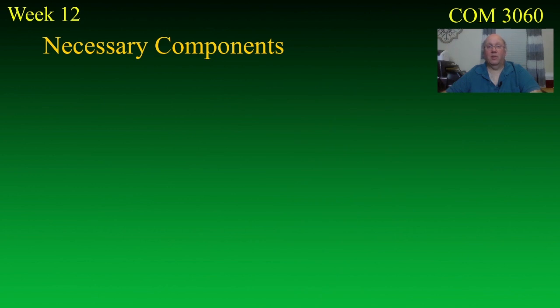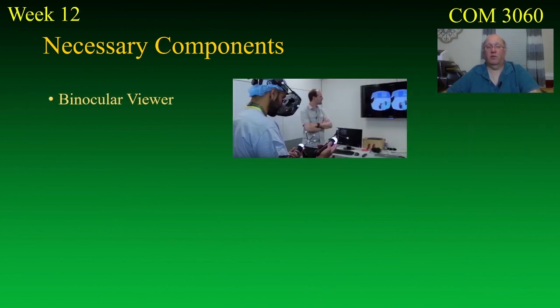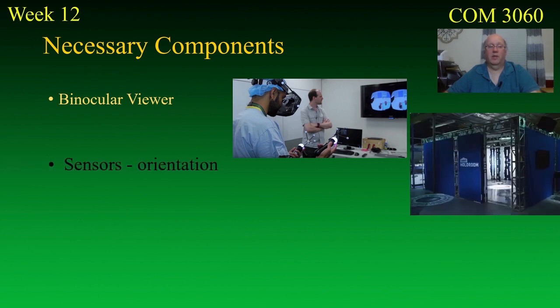Now, the necessary components for virtual reality. First of all, you need a binocular viewer. Almost all virtual reality setups involve a screen for each eye to give you that stereographic effect, or even if it's not 3D in essence, to basically take over your senses. And so you're putting something on over both of your eyes.